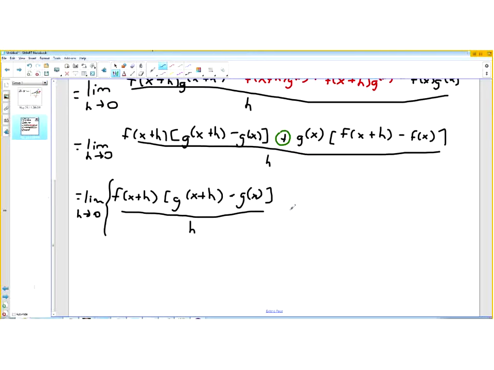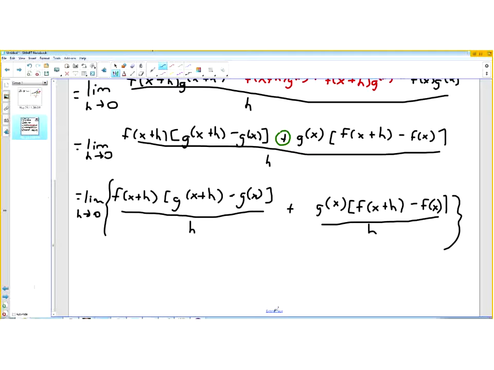And then plus g of x times f of x plus h minus f of x, divided by h. All right, so we have this.